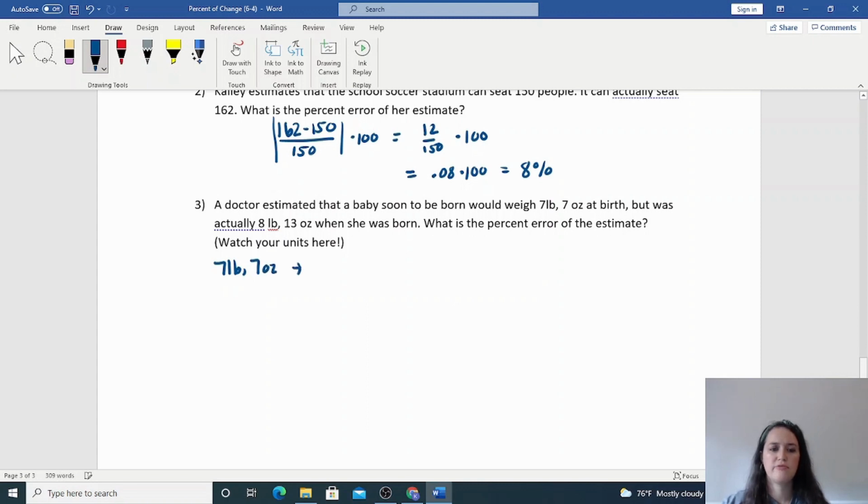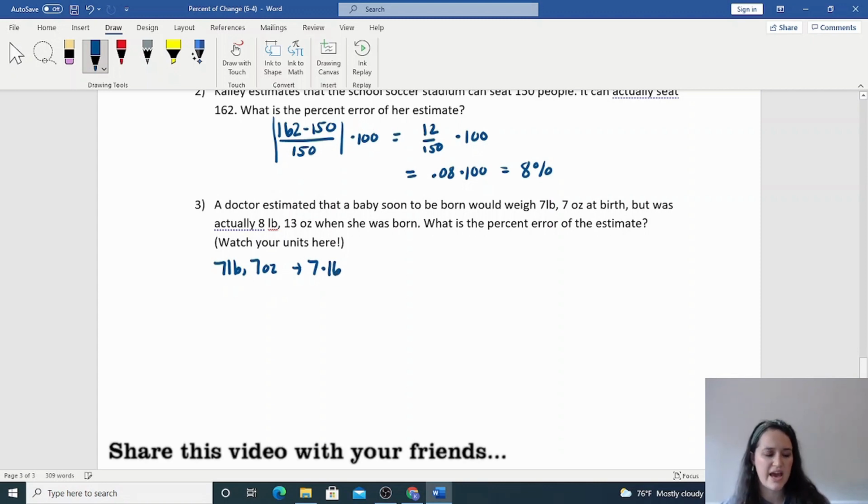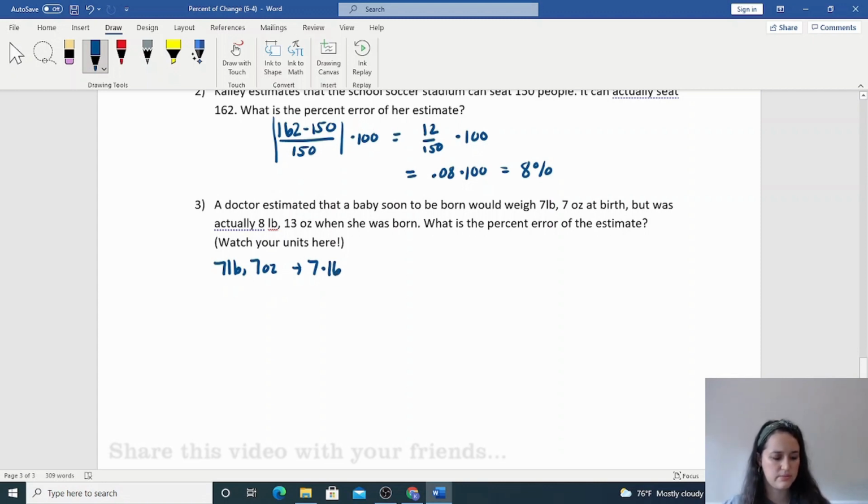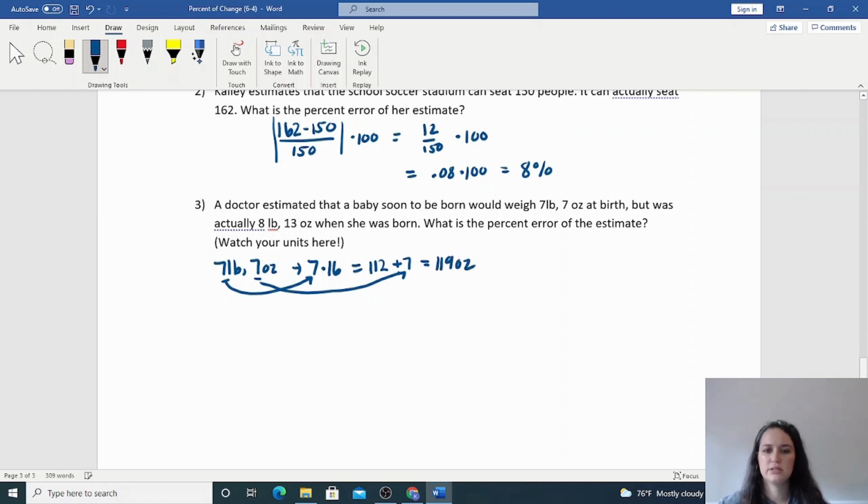Okay, so my 7 pounds, I'm going to multiply by 16 and then add that 7. So 7 times 16, that is 112 plus 7 more ounces from here. So that's 119 ounces.